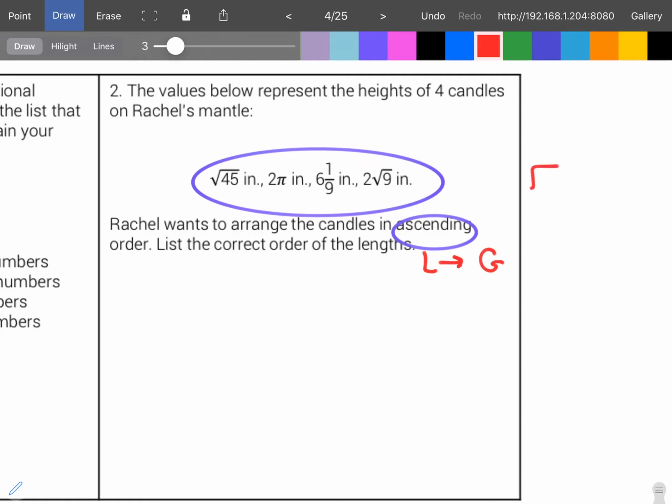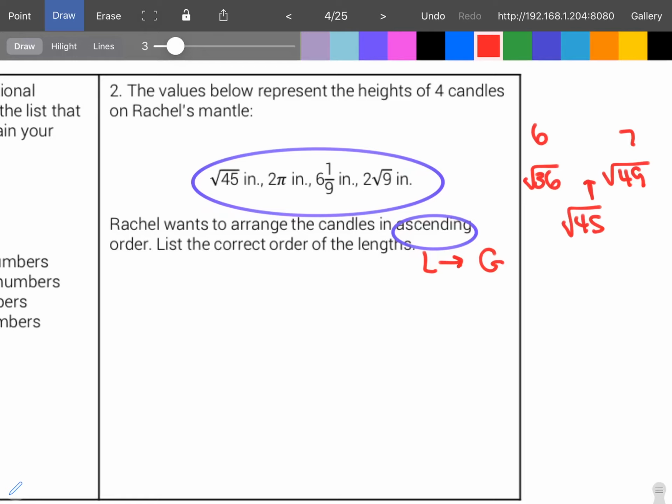So if I look at the square root of 45, remember we want to find the square roots that it comes between. So the square root of 45, we don't know what that is, but we do know that the square root of 49 would be 7. And then if we went one less, that would be 36.